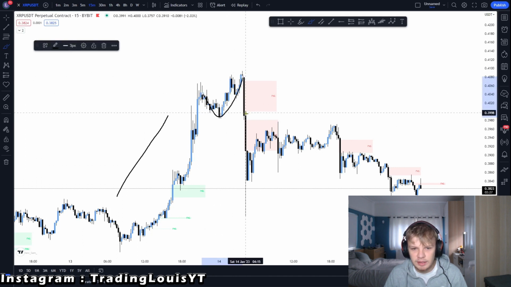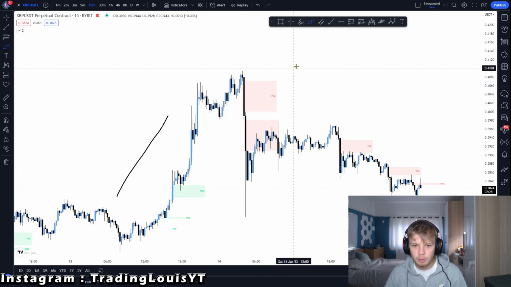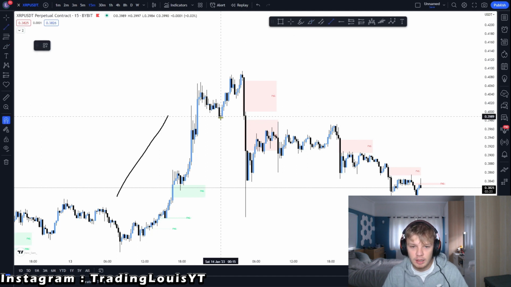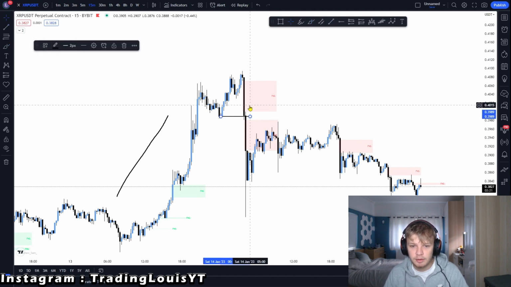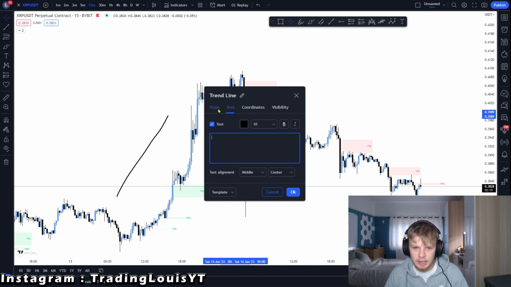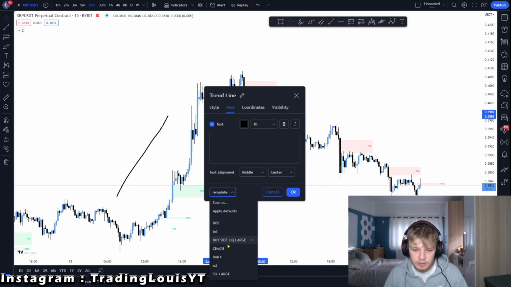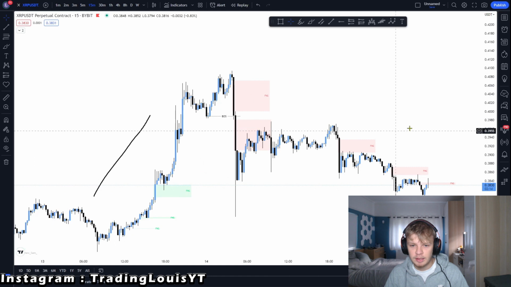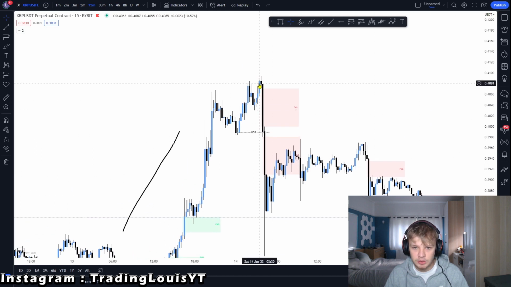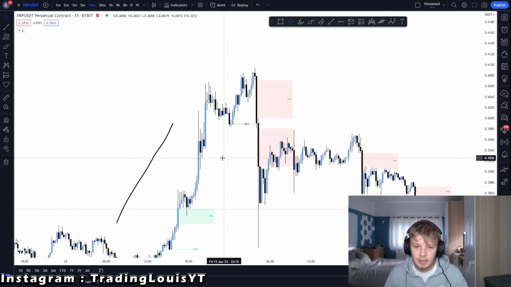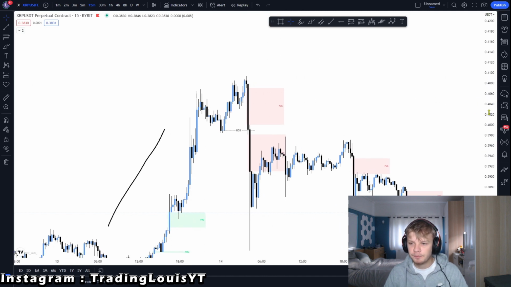It creates this V pattern. Then what we're waiting for is a break of structure to the downside. As we see right here, we have this break of structure, so the price shoots straight to the downside, breaking this pattern completely.